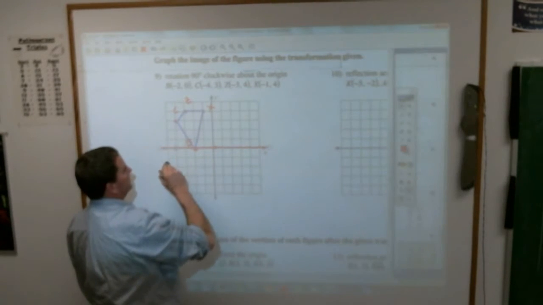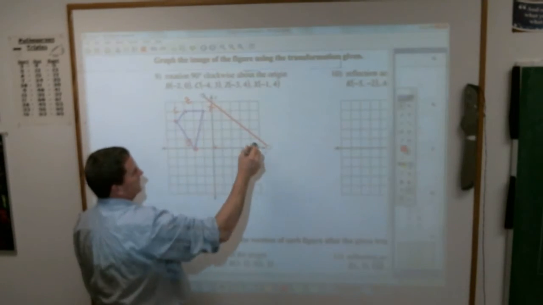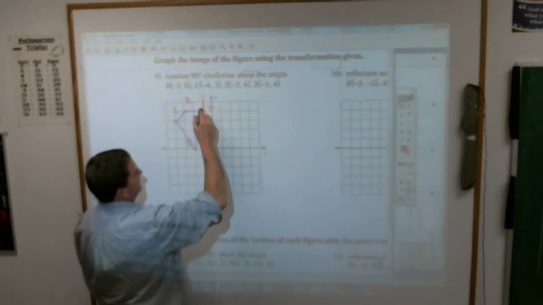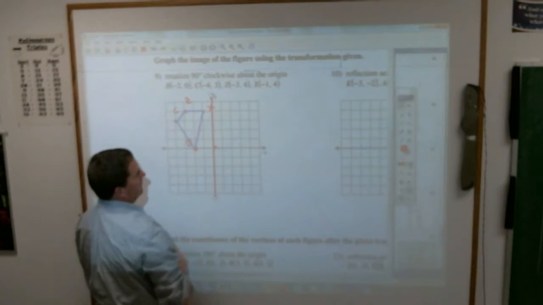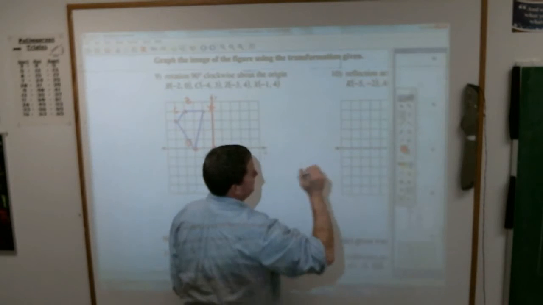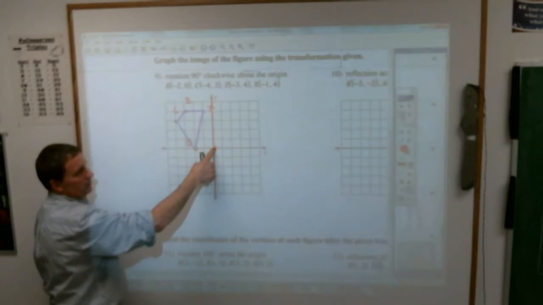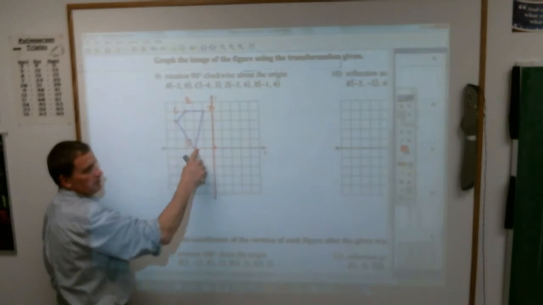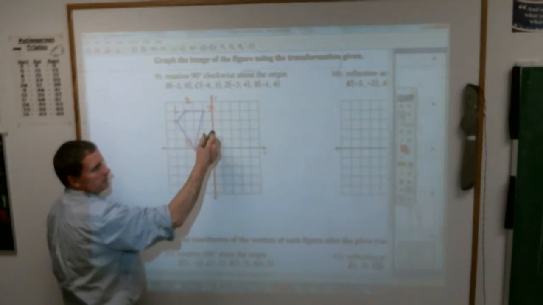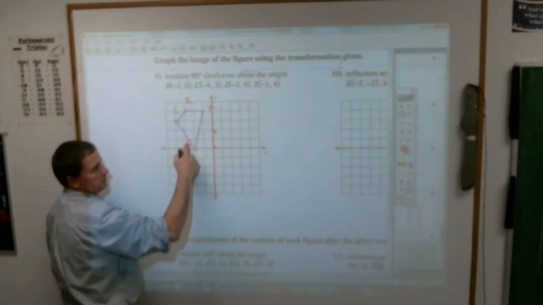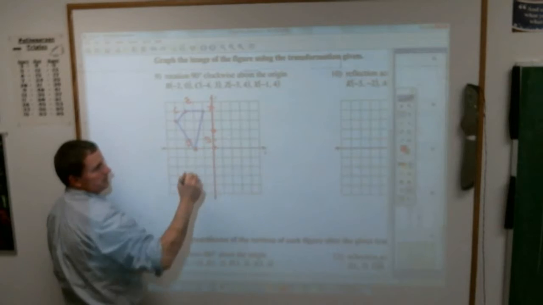So when you turn this, it rotates like this. With respect to the origin, this is 2 places away, so it's going to be 2 places away here. This is your letter B prime.